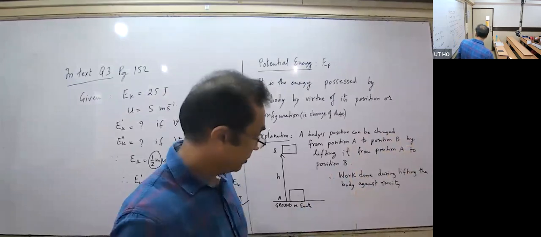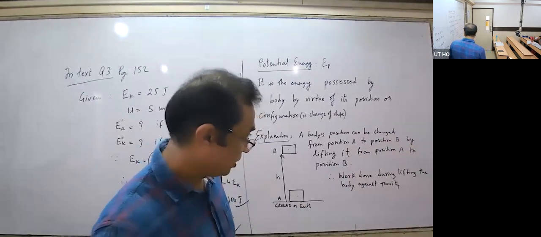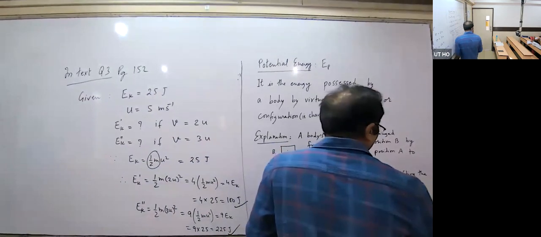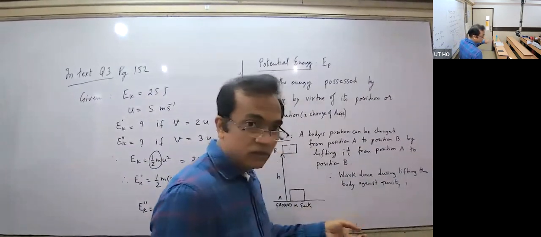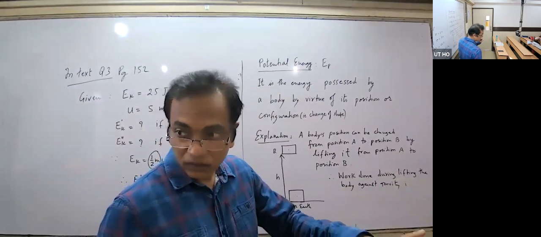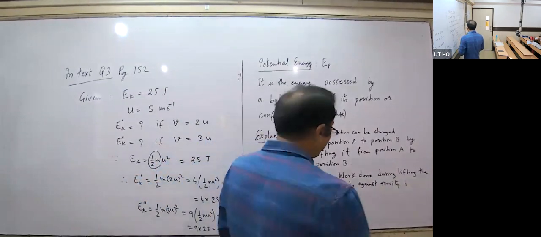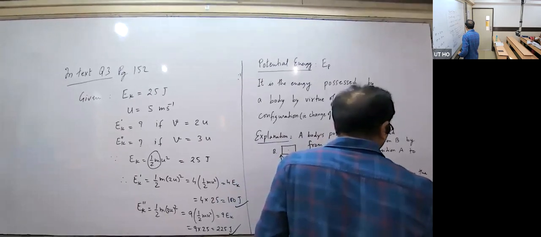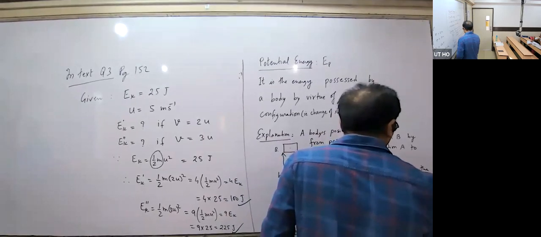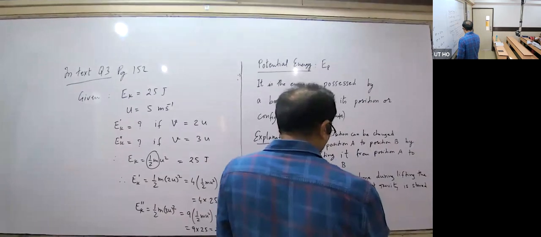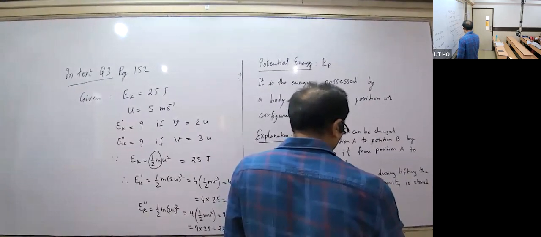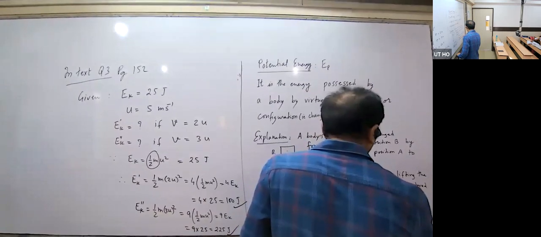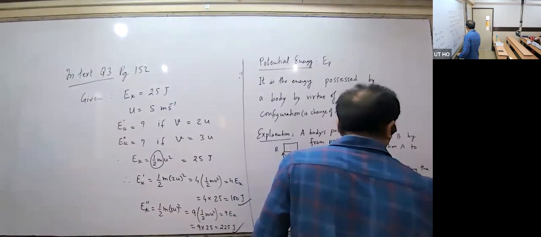Now we are doing the work, and the same work will appear in the body as its potential energy. Work done during lifting the body against gravity is stored in the body as its gravitational potential energy.